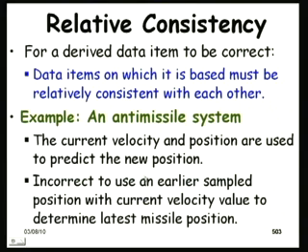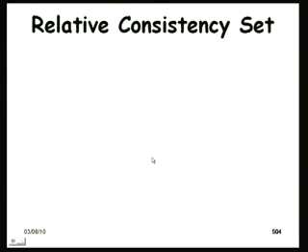Now, if we incorrectly use an earlier sampled position and use the latest velocity with the older position, then we are definitely going to get a wrong prediction of the position. So, the position and the velocity have to be contemporary: at the current position, what is the velocity, we have to consider that. That is the notion of relative consistency.